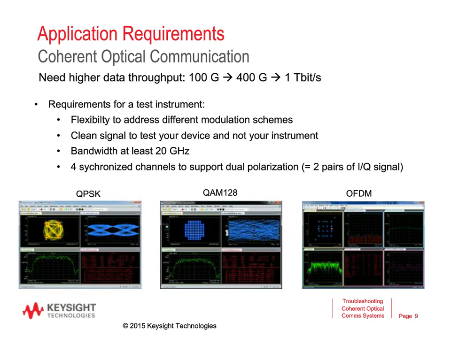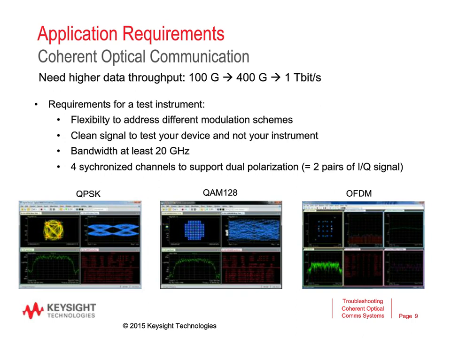In terms of requirements for the application in coherent optical communication, as I said, we need more and more bandwidth. 100 gigabit is deployed. People start talking about 400 gigabit and even a terabit per second. That gives us a couple of requirements for the test equipment or the test instruments that we are going to use for testing these kind of devices. So first, the flexibility is of very high interest, so to be able to have different modulation schemes available.